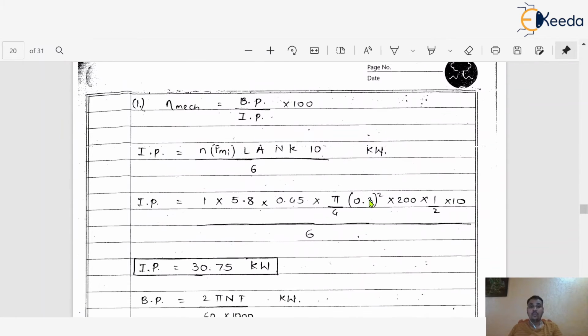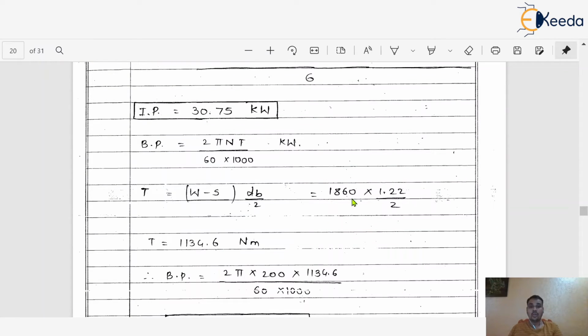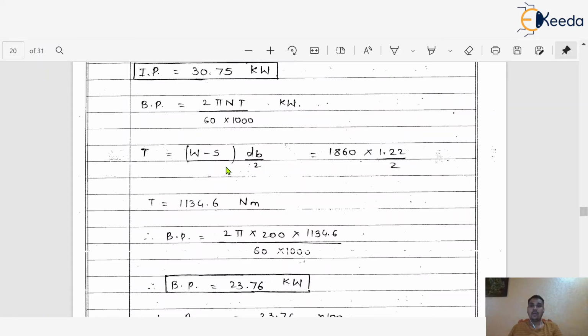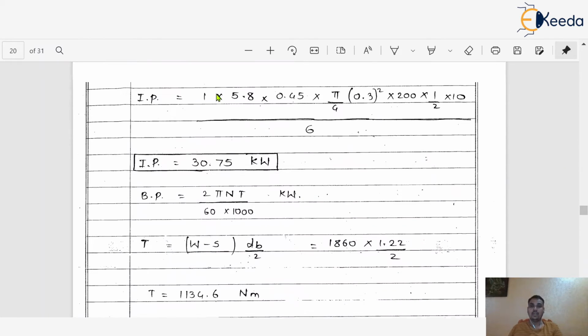So directly we can put the value over here into the brake wheel diameter 1.22 divided by 2, that is nothing but the radius. After calculation we come to know the torque is equal to 1134.6 Newton meter. Put this value in the equation of brake power, and finally we get the brake power equal to 23.76 kilowatt.